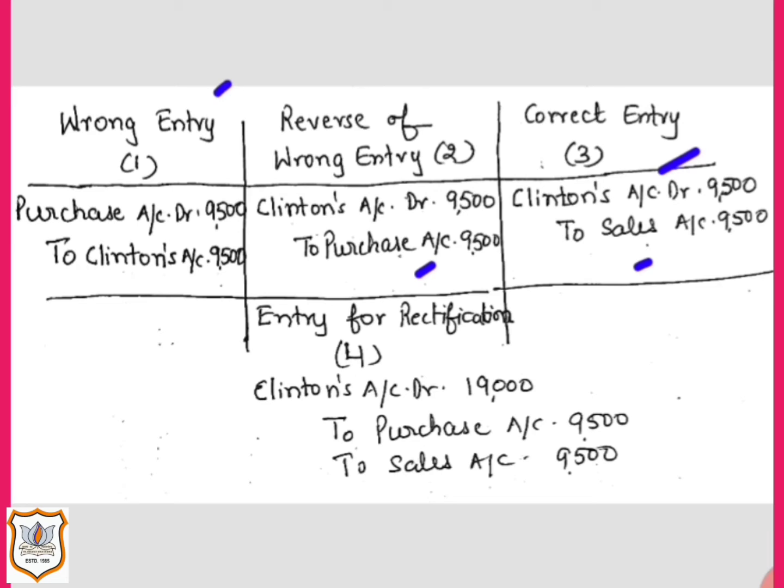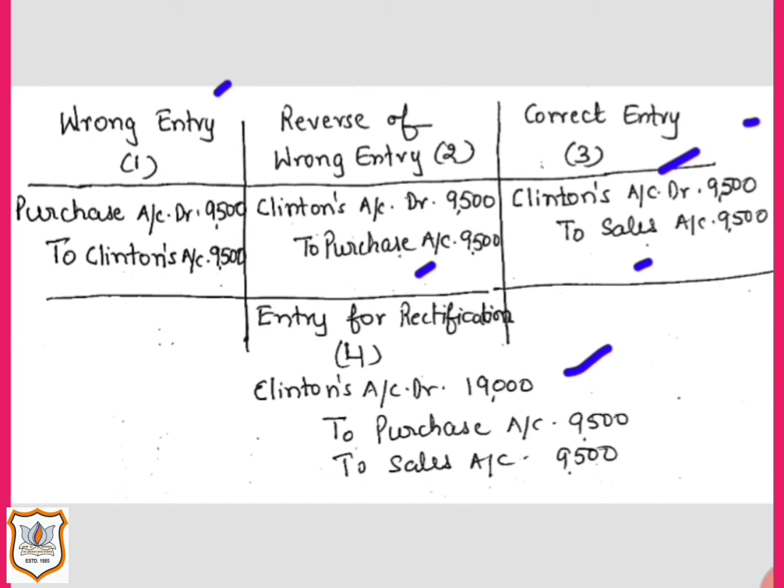In step number 2, Clinton's account is debited by rupees 9,500, and in step number 3, Clinton's account is debited by rupees 9,500. So in both the steps, Clinton's account is debited. So here 9,500 plus 9,500 comes to 19,000. So in step number 4, that is the entry for rectification, Clinton's account will be debited by rupees 19,000.